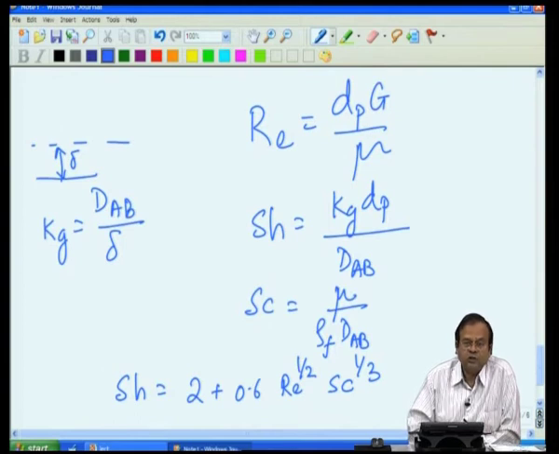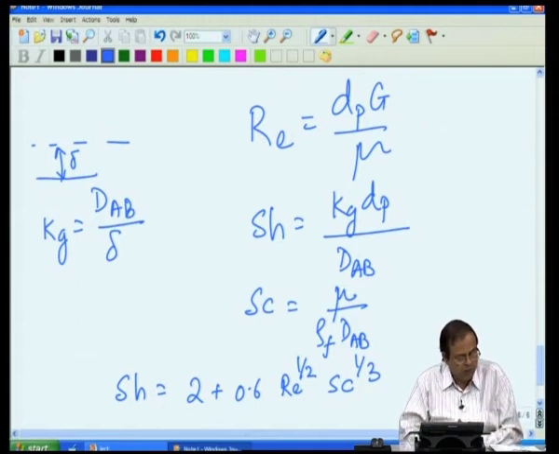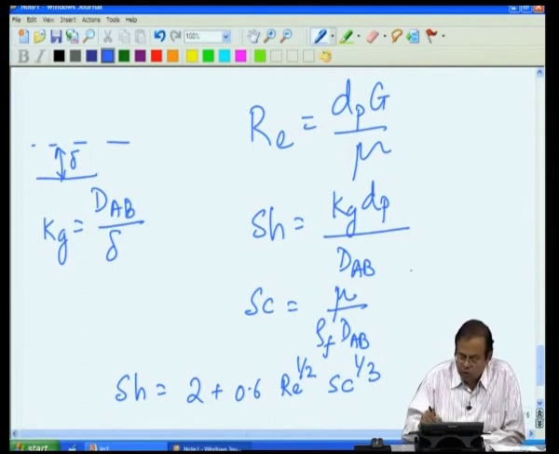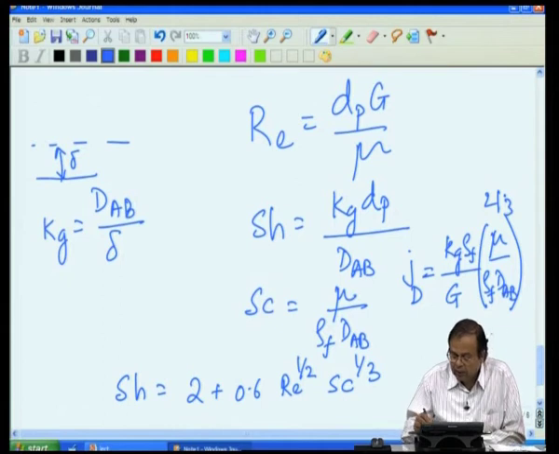If the gas flow is very low, that means almost a stationary flow, Reynolds number will go to 0. So, Sherwood number equals 2, that is a correlation you might have already seen. Or we use correlations such as the JD factor, which is Kg rho f by G into mu by rho f into dAB raised to 2/3, and this JD factor is a function of Reynolds number.